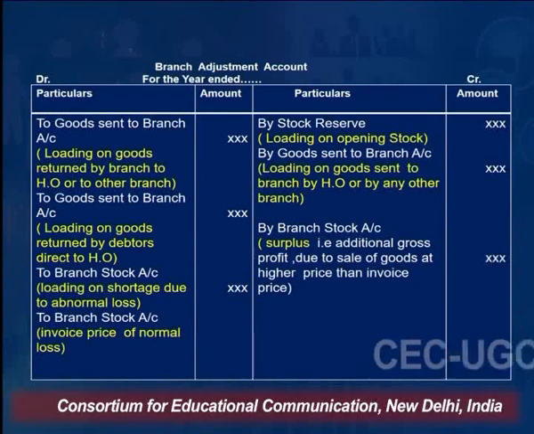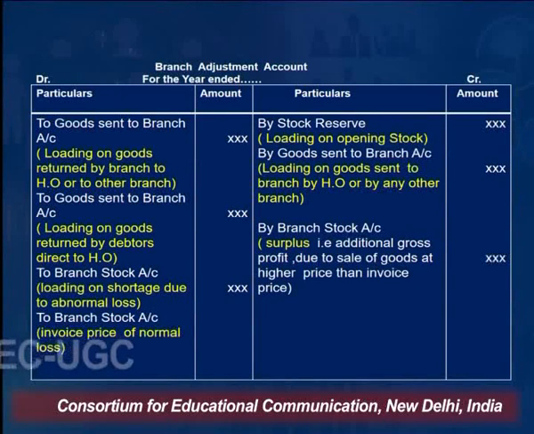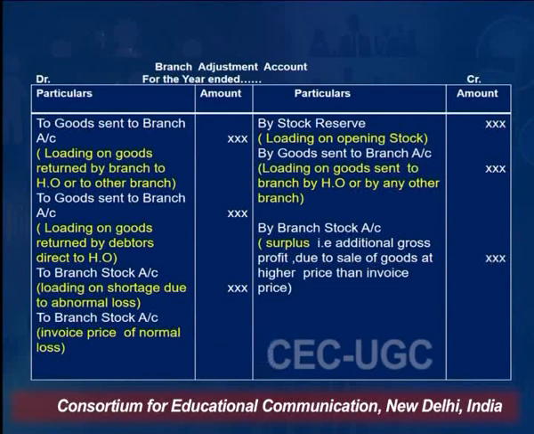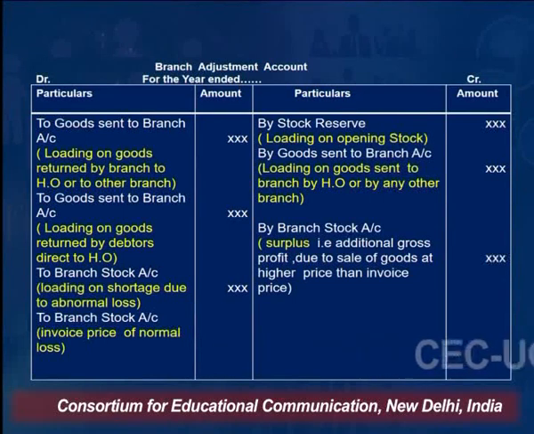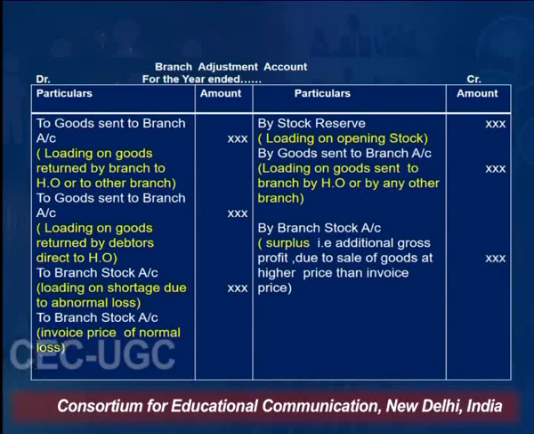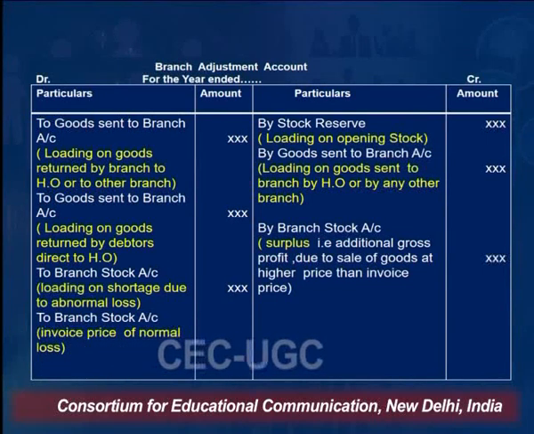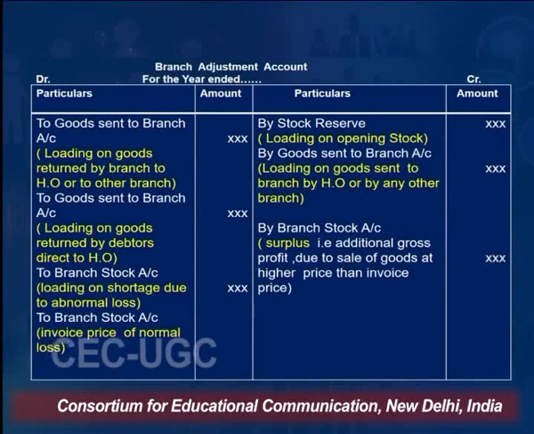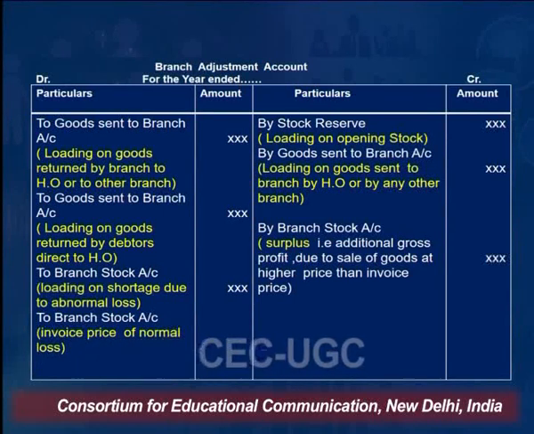So all the items which are projected in the branch stock account at invoice price, and the loading on all those items will be shown in this account. So as you can see on the credit side, stock reserve is appearing. This stock reserve is always shown for the loading on the opening stock. Whether there is a loading on the opening stock or loading in the closing stock, this is shown with the name stock reserve.